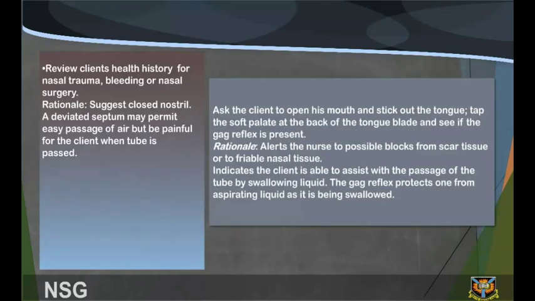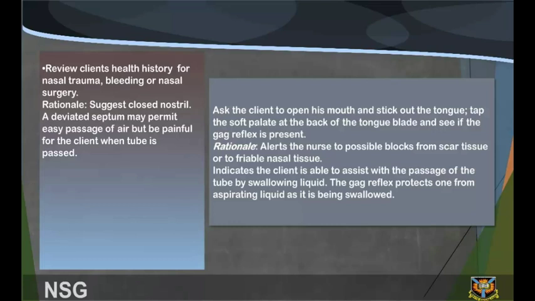Review client's health history for nasal trauma, bleeding or nasal surgery. Rationale. Suggest closed nostril. A deviated septum may permit easy passage of air but be painful for the client when tube is passed. Ask the client to open his mouth and stick out the tongue. Tap the soft palate at the back of the tongue blade and see if the gag reflex is present.